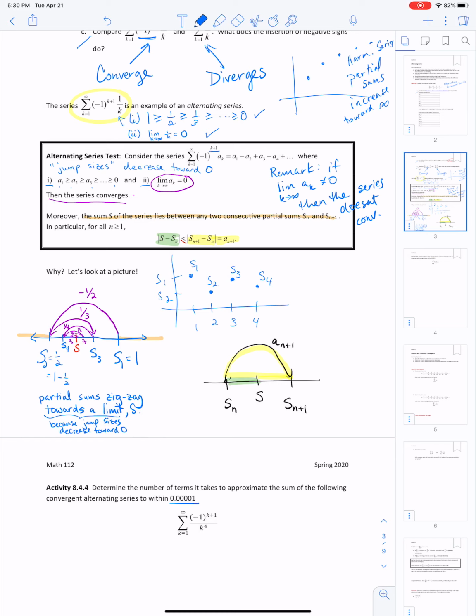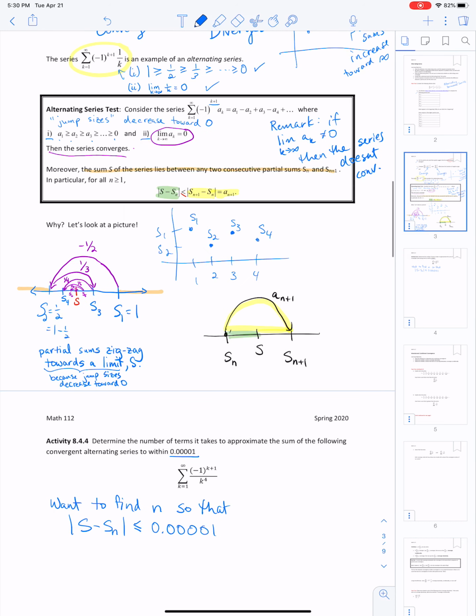And so what we want to find is n so that S minus Sn is less than or equal to 0.00001, right?